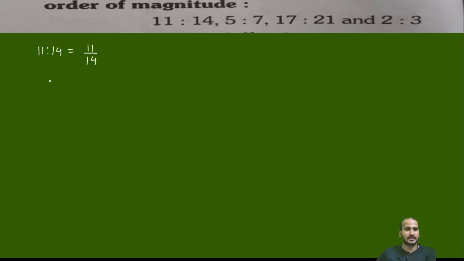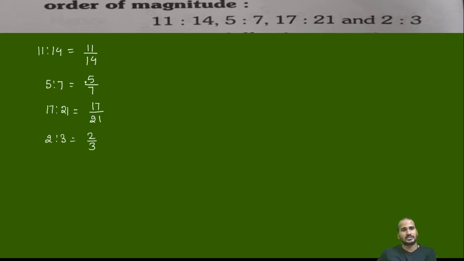The next is 5 is to 7, so I write 5 by 7. Then 17 is to 21, so I write 17 upon 21. And the last one is 2 is to 3, which is 2 by 3.